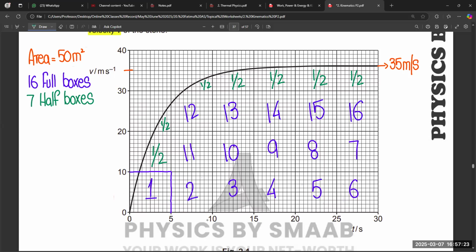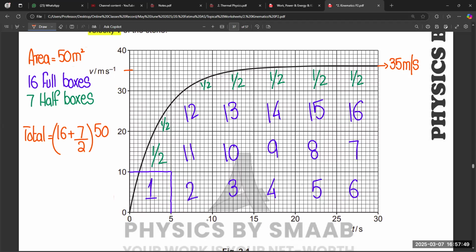If we combine together, so in total we have 16 plus 7 half boxes, right? Multiplied by the area of one box. Area of one box is 50, right?